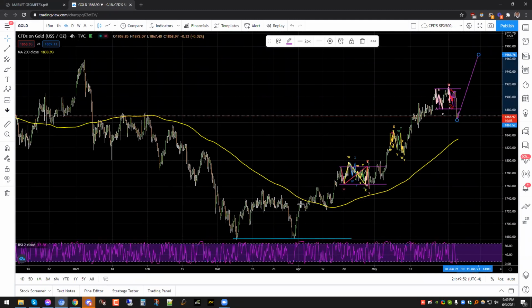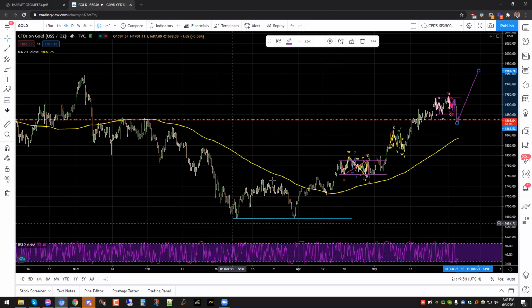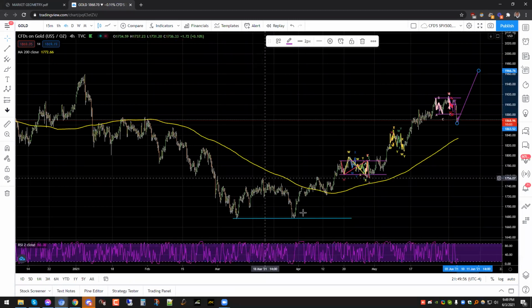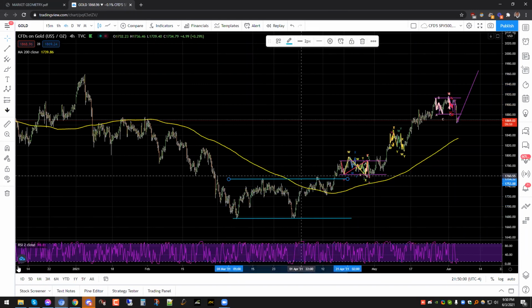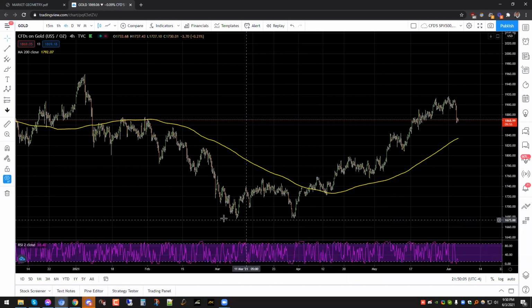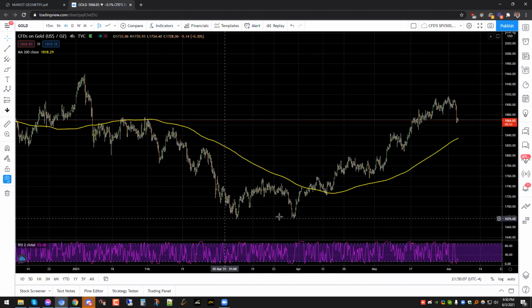So it's nice to understand what we're looking at. If this is a flat pattern that we're looking at over here, let me just double check this. We did not come back and retest the low. We came very close to the low.